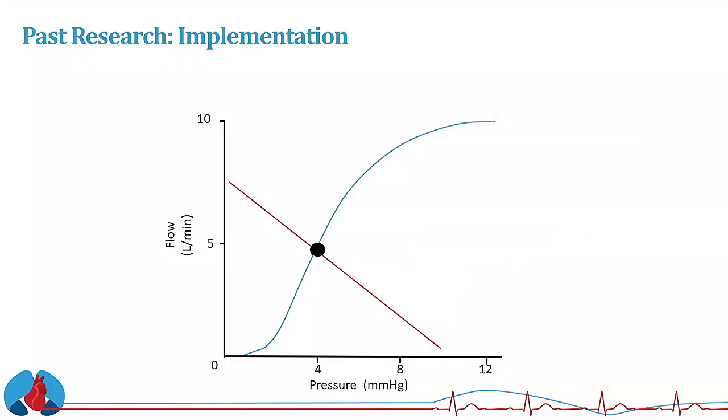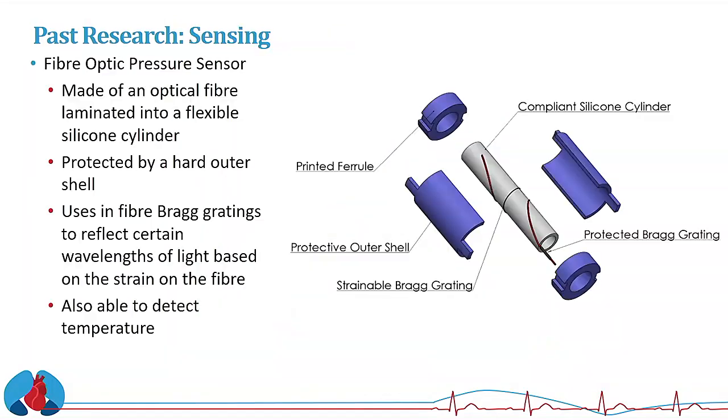And then, for instance, the guy walks up some stairs, does some exercise, his preload goes up, and then we adjust the venous return line to find a new point of intersection, and then we increase the VAD speed to match that new flow. So that's what I've done in the past. In such a way we use sensors to facilitate control to improve medical devices.